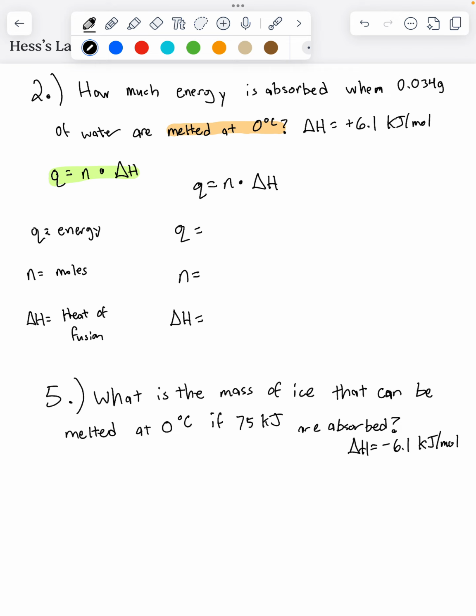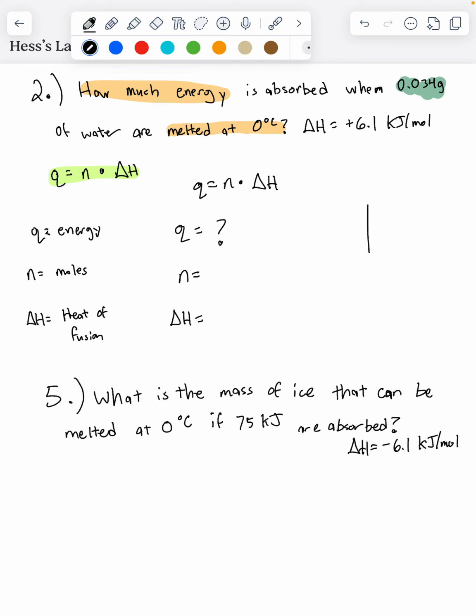Now, in this problem, it says how much energy. We want to find out how much energy, so question mark on the Q. We don't have a mole value, but it does give us a gram value here, 0.034 grams.